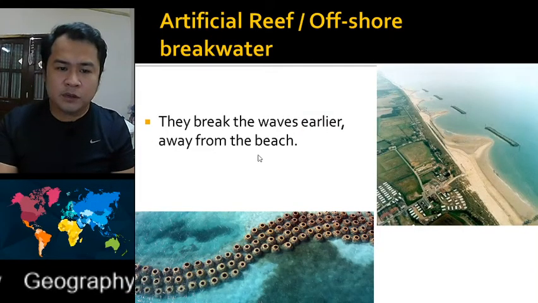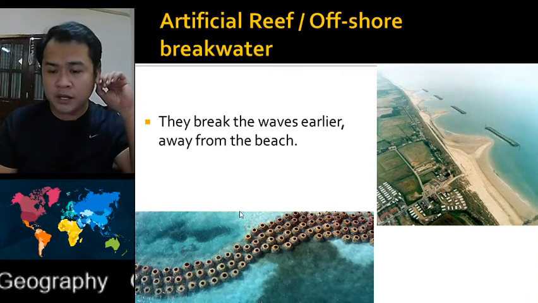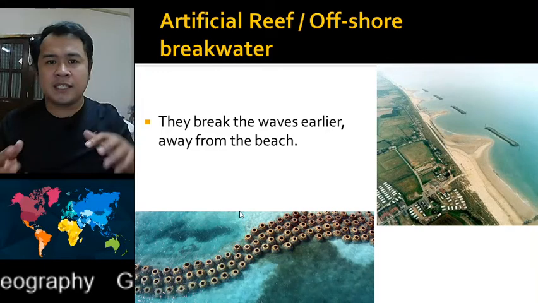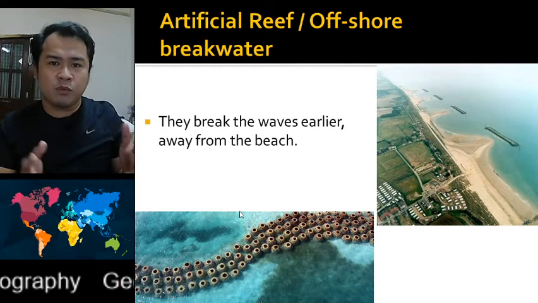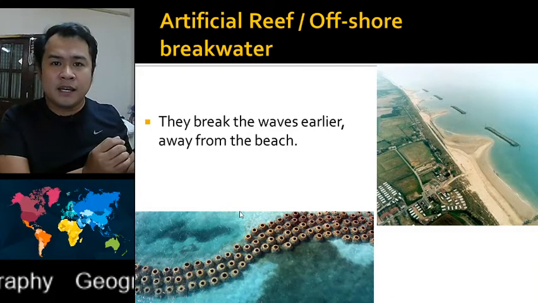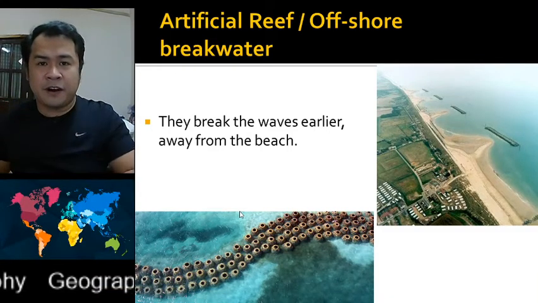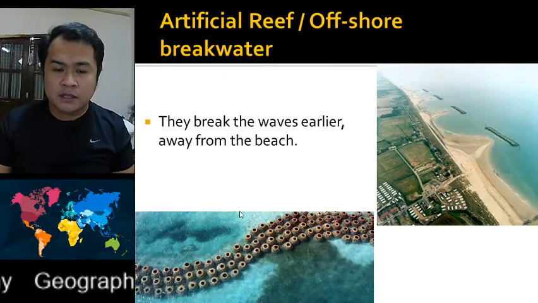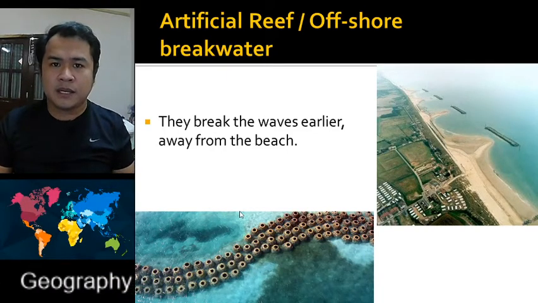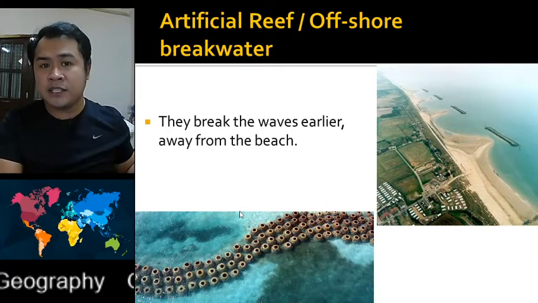We also have what we call an artificial reef or an offshore breakwater. What they do is, instead of the waves breaking within the coastline, they cause the waves to break far away from the shore. So that means it will release the energy earlier before it touches the coastline.